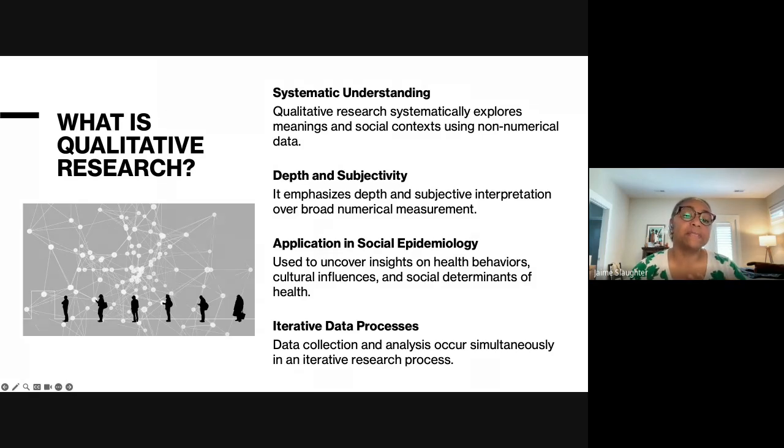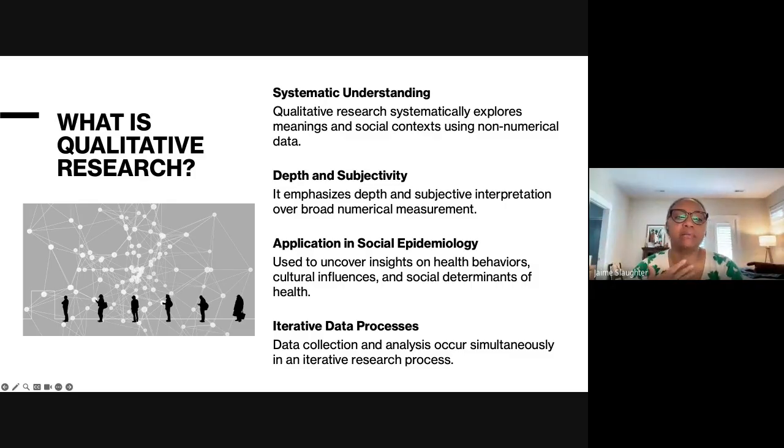It values depth and subjectivity. Depth and subjectivity are not really limitations of qualitative work because it's part of the process. Because it requires you to honor the depth and subjective nature of that non-numerical data in order for you to interpret that data.